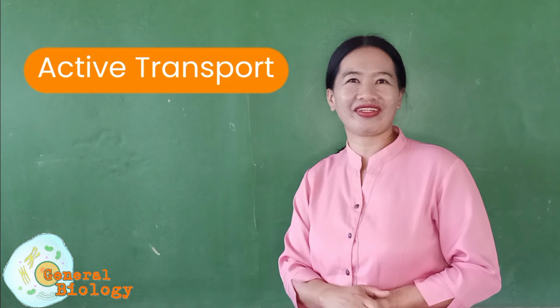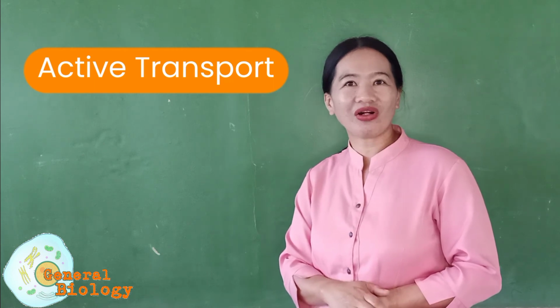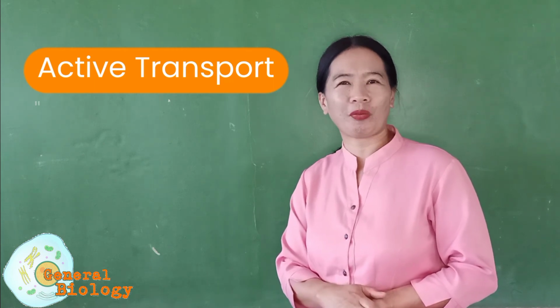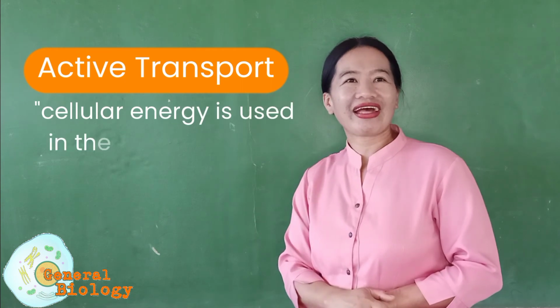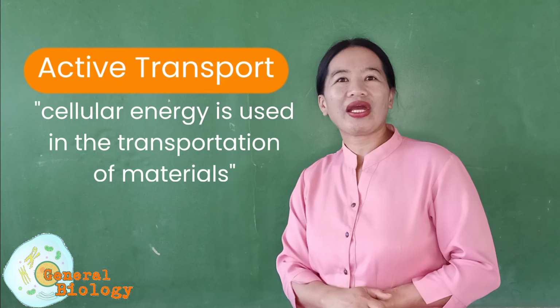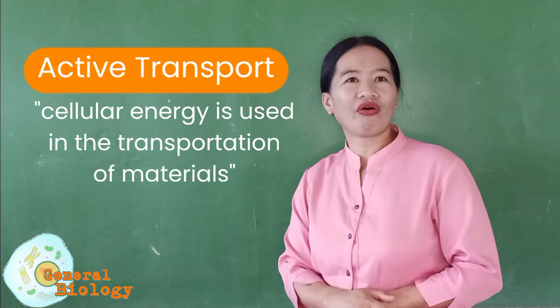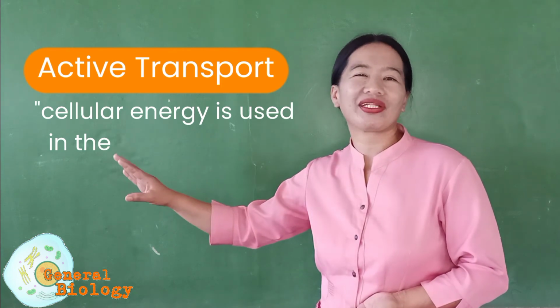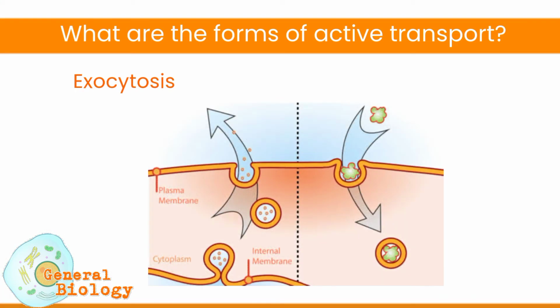Aside from passive transport, cells may also use active transport. Remember that active transport happens when cells spend cellular energy in order to transport materials. The forms of active transport which do not involve membrane carriers are exocytosis and endocytosis.